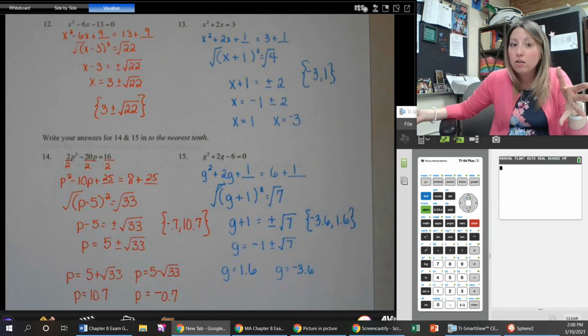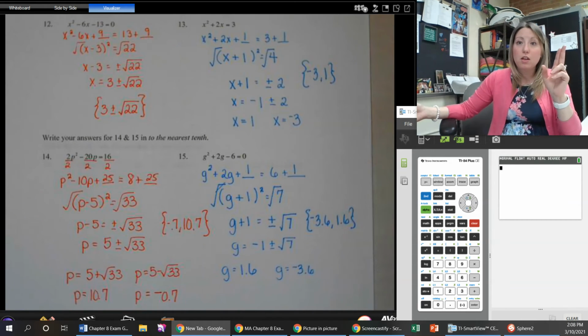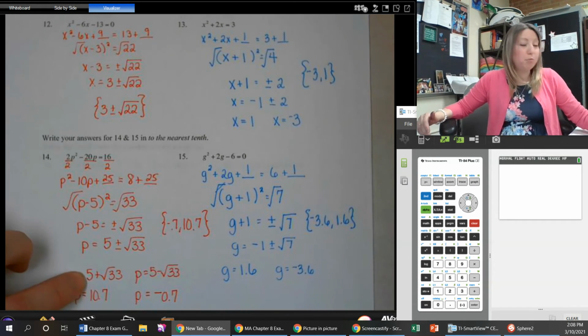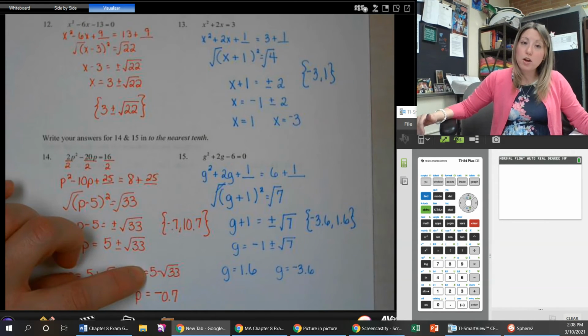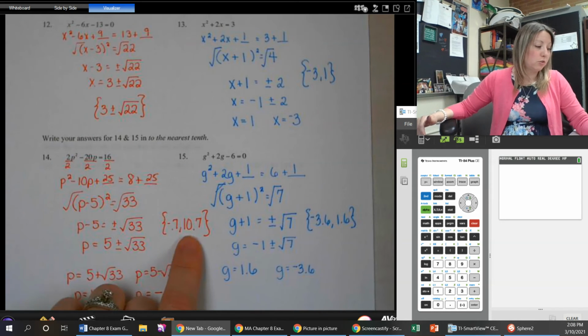So it's stuck there. We just add that 5 over. This time, the answer needed to be to the nearest tenth. So 5 plus radical 33 is 10.7. 5 minus radical 33 is negative 0.7. There's my two answers.